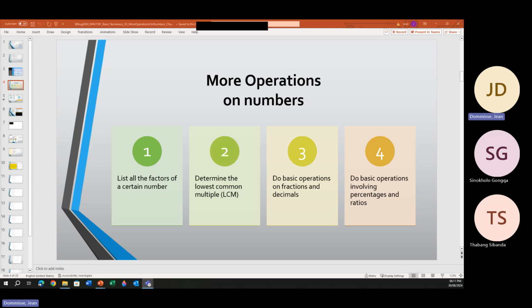So we're going to look at factors. They love to ask things around prime factors. Then they throw in lowest common multiple, so we will look at what that means and what you need to do. Then they might ask questions around certain operations with fractions and decimals.